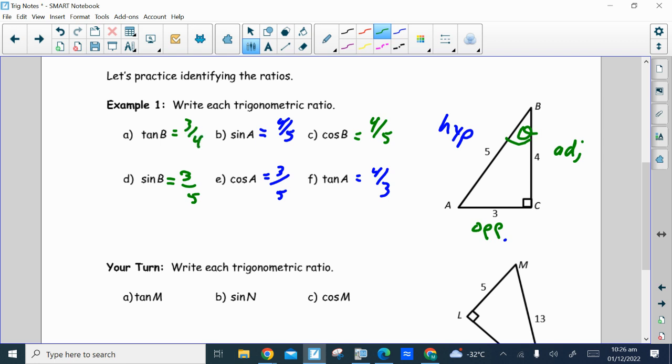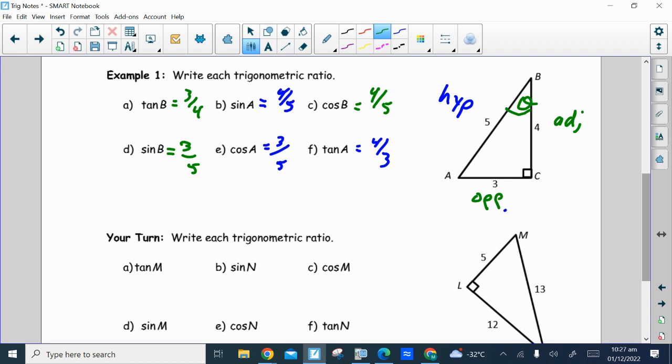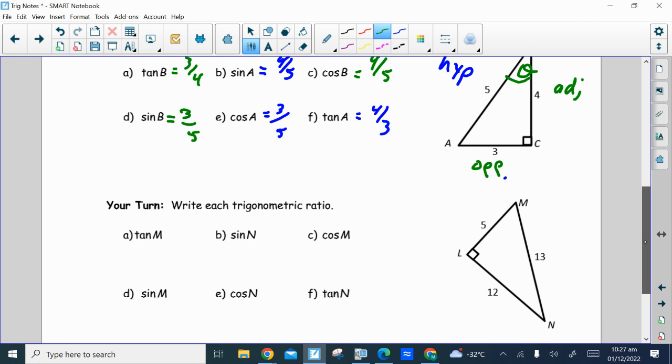It's the reciprocal of the tangent of A. That was 4/3. For B, it's 3/4. So there are your sine, cosine, tangent for angles A and B. Again, we'll never work from the right angle, which in this case is C. It's always working from one of the other two angles that are less than 90.